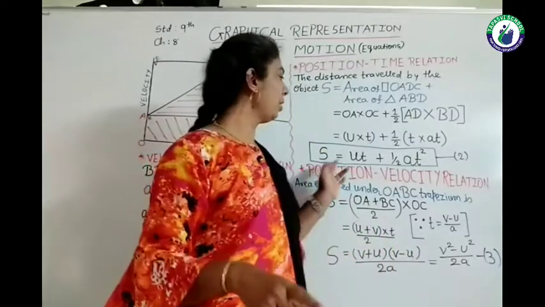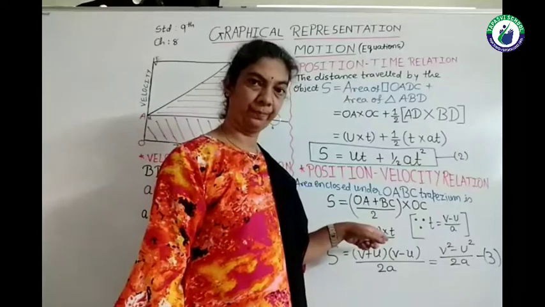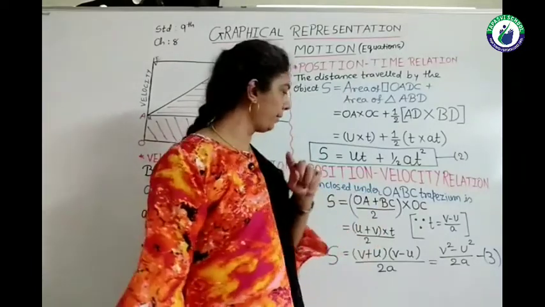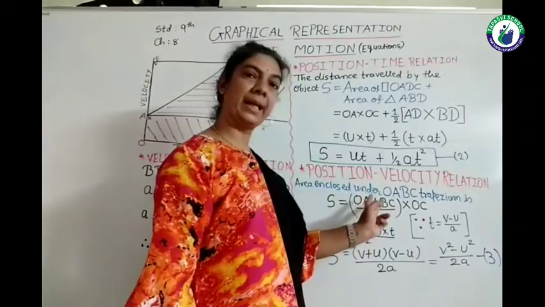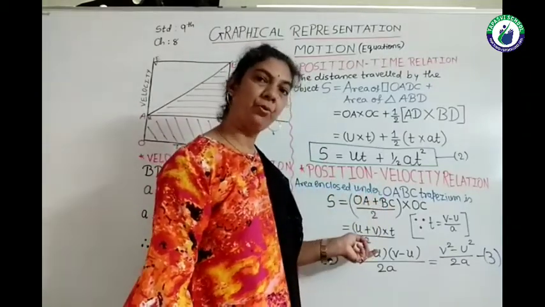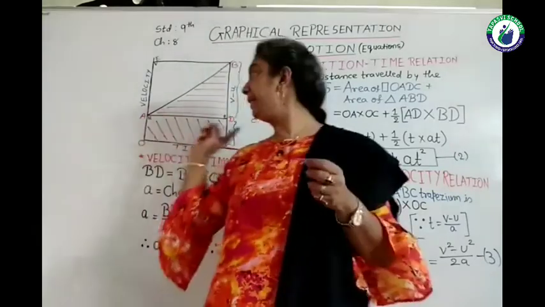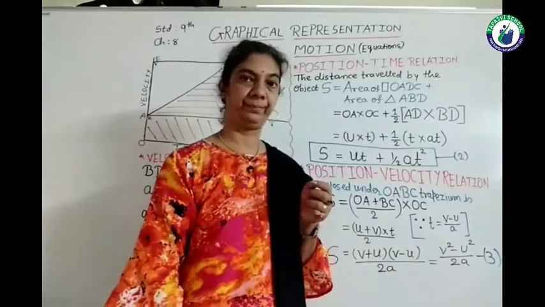So the area of this trapezium, we can use the formula of the area of the trapezium, that is the addition of two parallel sides divided by 2 and multiplied with the side which intersects these two parallel lines.